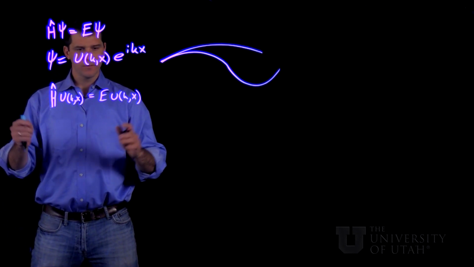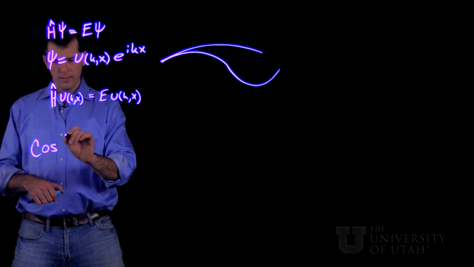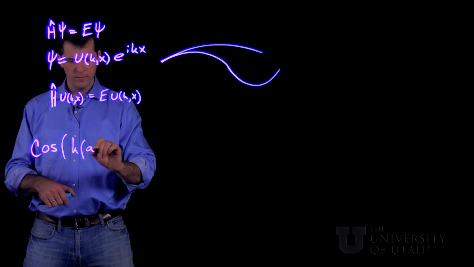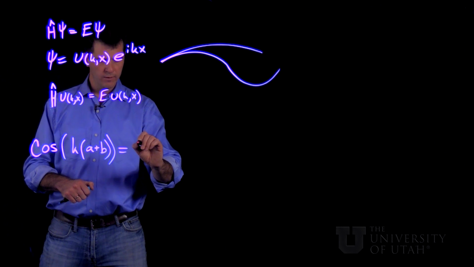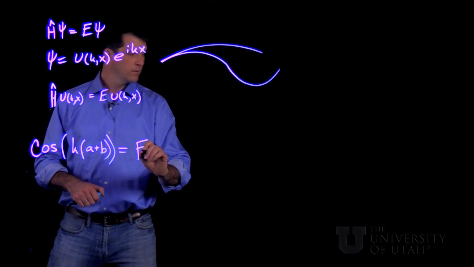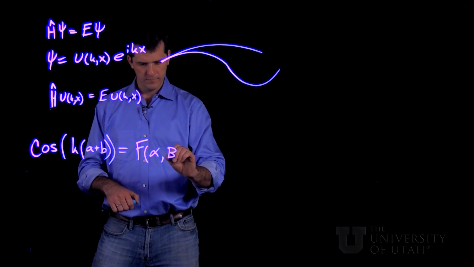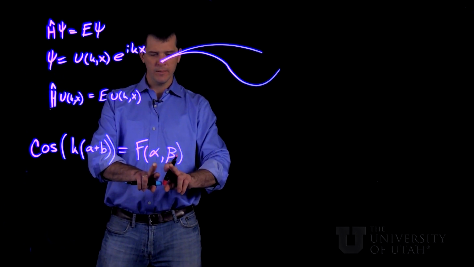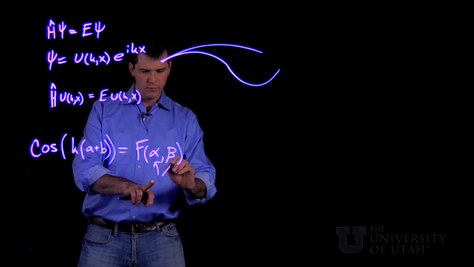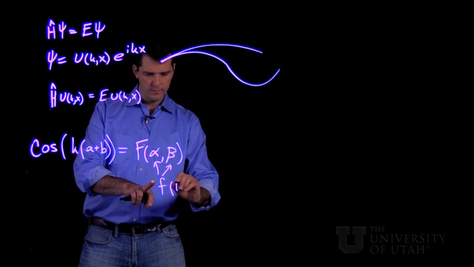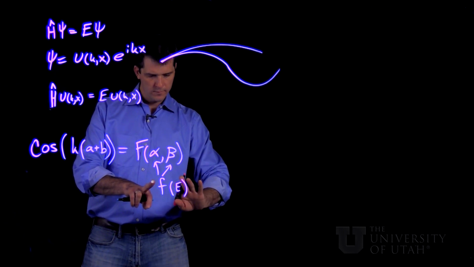And that gives you this overall master equation, which essentially says the cosine of k times a plus b equals some big function which involves alpha and beta. And these alpha and beta, remember, are the propagation constants that are both functions of energy, and also the V naught.